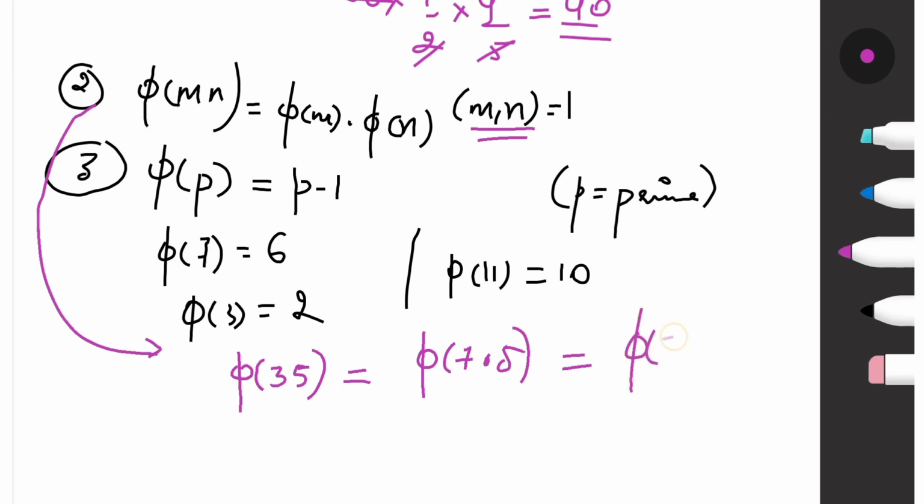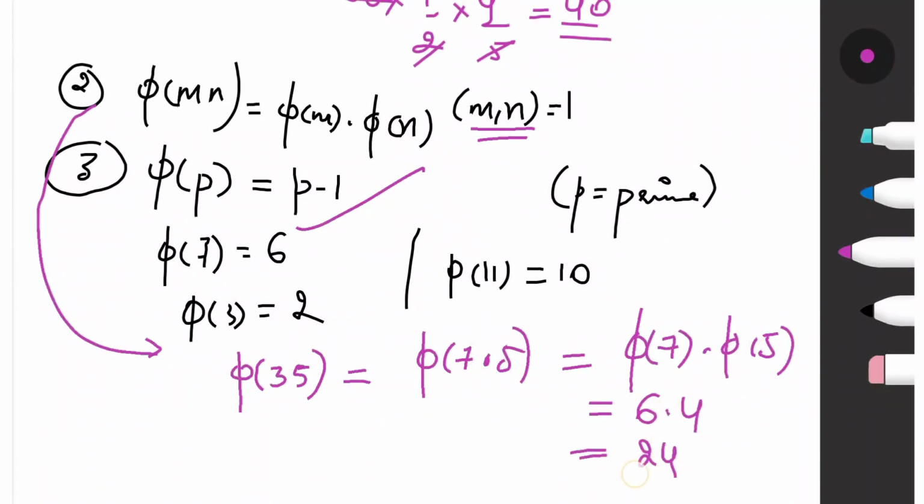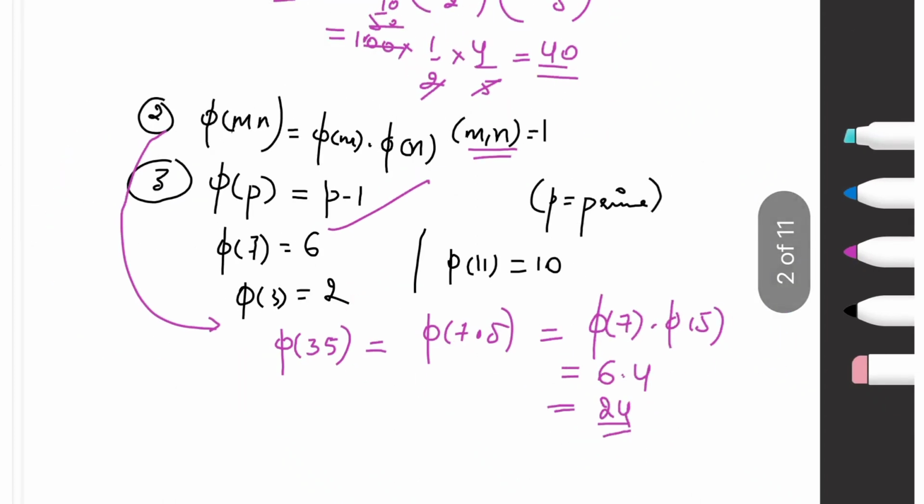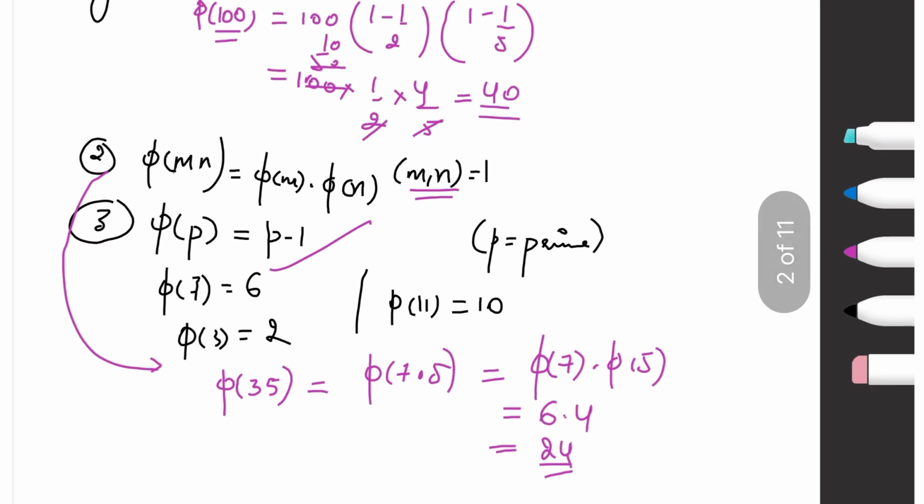So we can write it separately, phi of 7 into phi of 5. Now we just discussed that the Euler function of a prime number is p minus 1. So we got 6 here and 4 over here, and 6 fours are 24. So you saw how simple it is to find the Euler function when you know the second and third points.